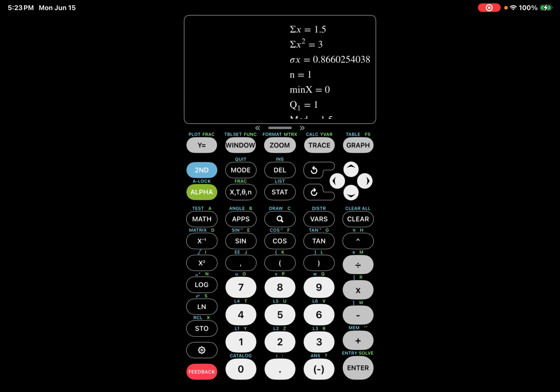And if I scroll up, you'll see x bar. We know that's the symbol for the mean, so that's our expected value or mean, 1.5, which is exactly what we saw from the graph in our last video. And then I can see a standard deviation sigma x of 0.866. You'll notice this output does not have a value for Sx.